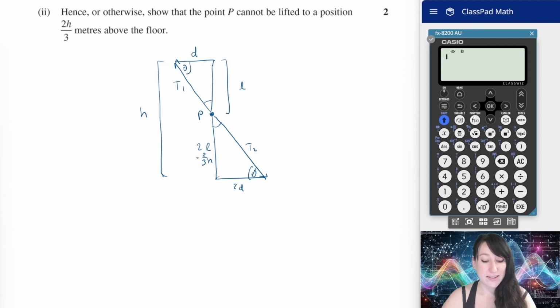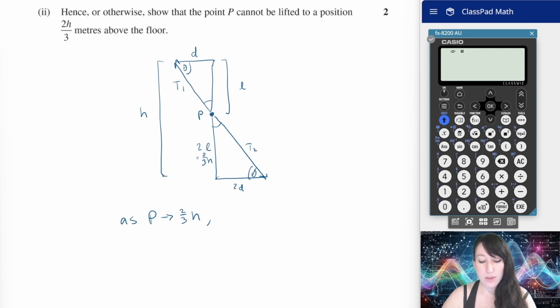So we know that when the point P is lifted so that the ropes form a straight line, that's equivalent to the point being lifted to 2/3 H. So what's happening as we have P approaching 2/3 of H? Once again, we have similar triangles.